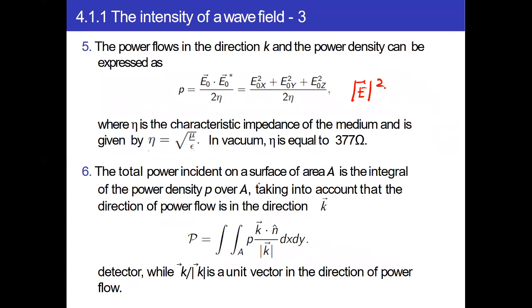And the total power incident on a surface area A is the power density times area. So small p is the power density, watt per area, and this unit is the same as the Poynting vector.